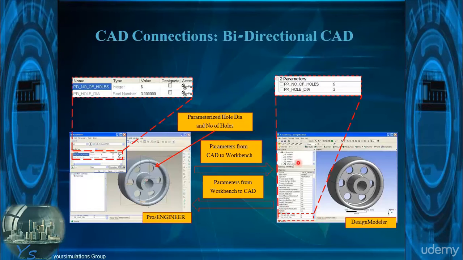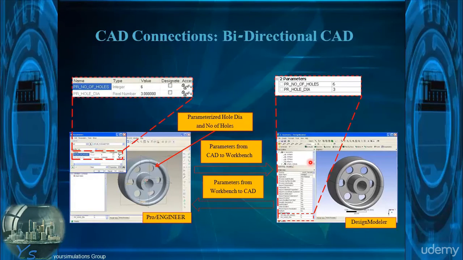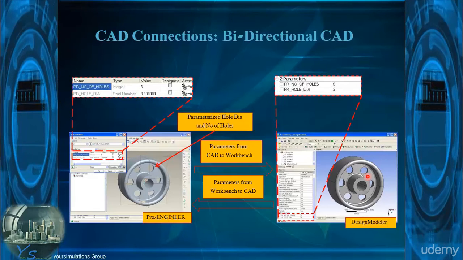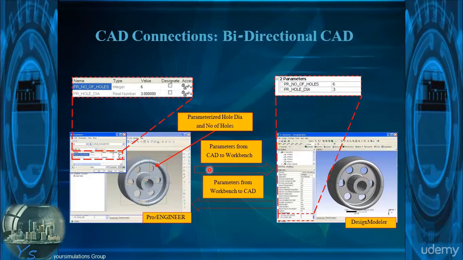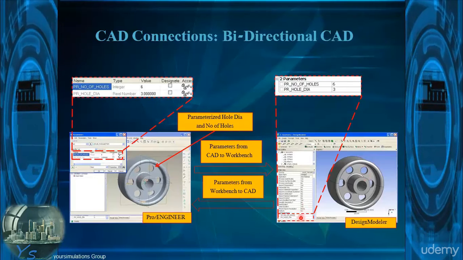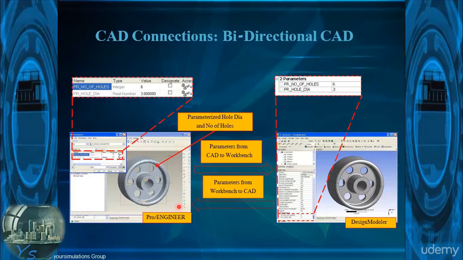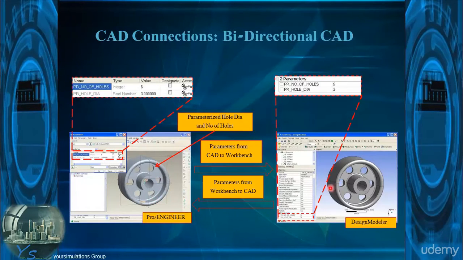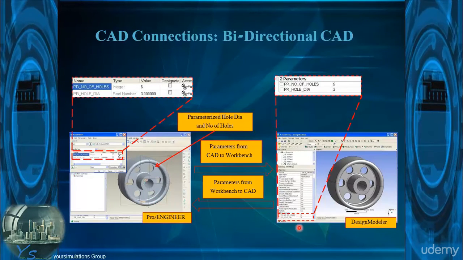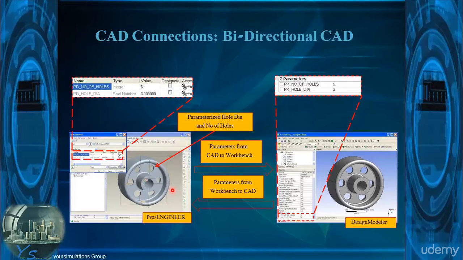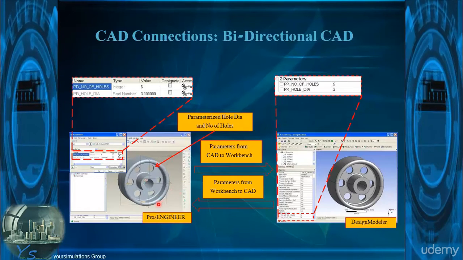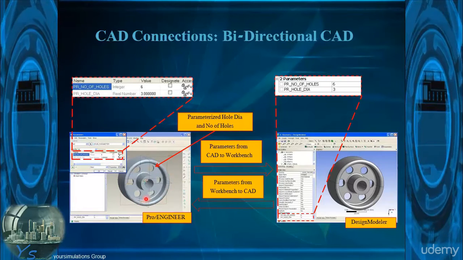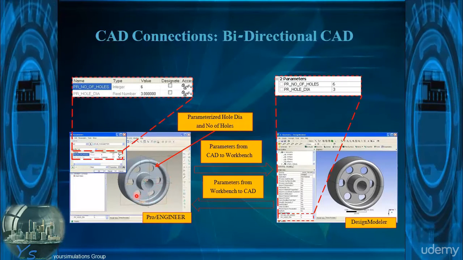And similarly, because we have the associative interface available here, because we've fired up Design Modeler directly from the CAD system in order to establish that connectivity, not only can we modify the parameters in the upstream CAD system here and have them reflected in the downstream Design Modeler, we can also update them in Design Modeler and have them pushed back upstream into Pro Engineer in this case, and have the geometry updated at the higher system here as well.